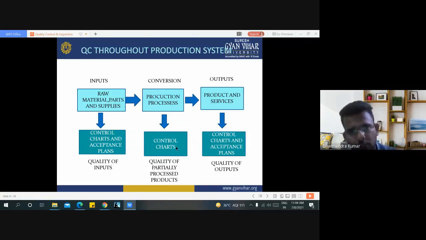Here, production control: in the production process we examine and test the various processes and the various process parameters, like which type of cutting tool we are using, single point cutting tool or multi point cutting tool, and which machine performances are given during the manufacturing process.